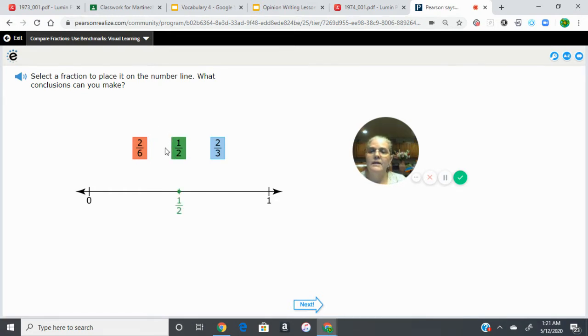Okay, and then 2/6. So remember where half was? So half was right here. So 1/2 is the same as 3/6. Let's see where 2/3 is. So there's 1/2. Let's look at 2/3. Which one's bigger? 2/3 is closer to number 1.